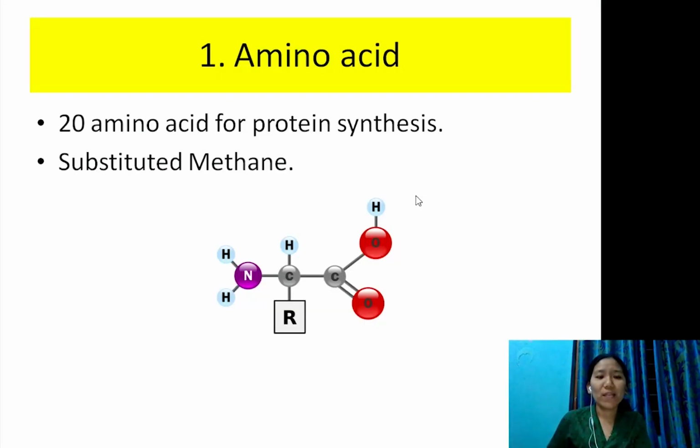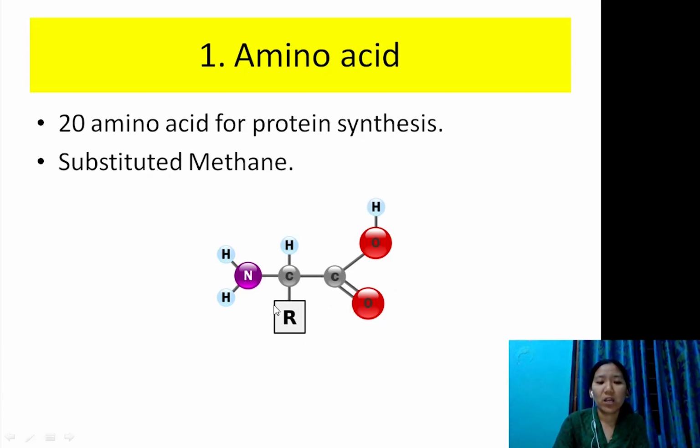When you look at their structure, these are substituted methanes. We know methane is CH4. Here the hydrogen is substituted by other chemical components. This carbon is attached to one H, one amino group NH2, an R group, and a carboxyl group COOH.